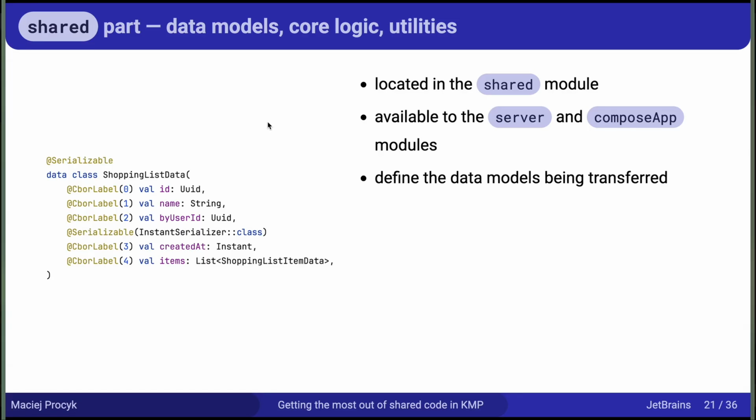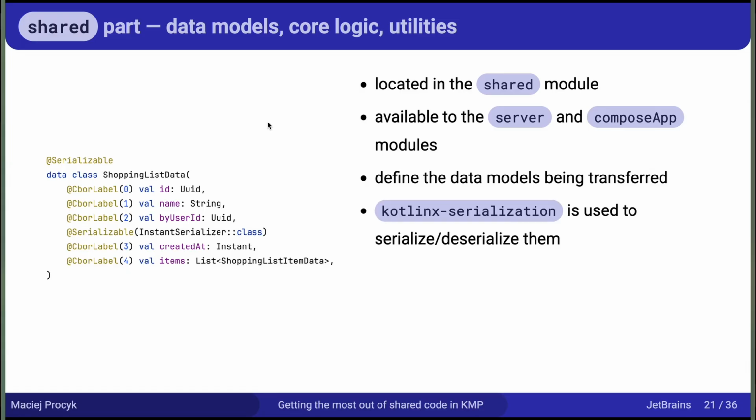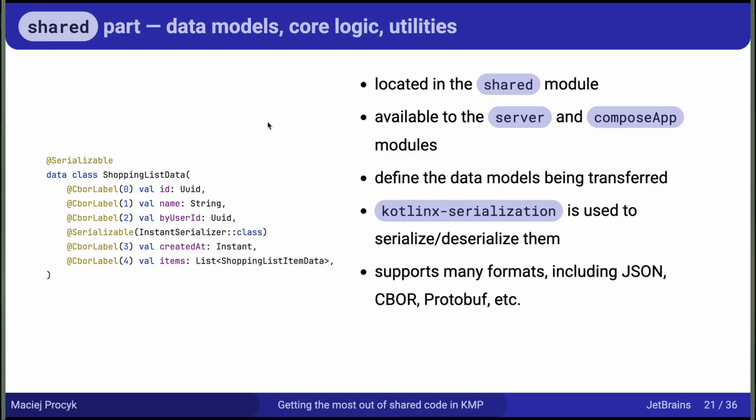So we can make use of the Kotlinx serialization multiplatform library, which enables such easy serialization as annotating your data classes with this annotation, and even providing some custom serializers for the fields that are not that simple, so there are no default serializers, or which you would like to customize on your own.